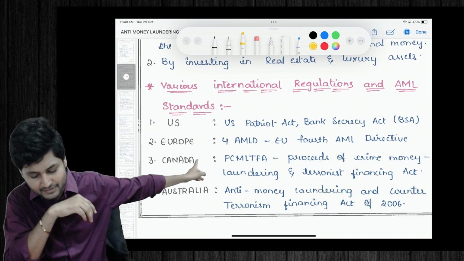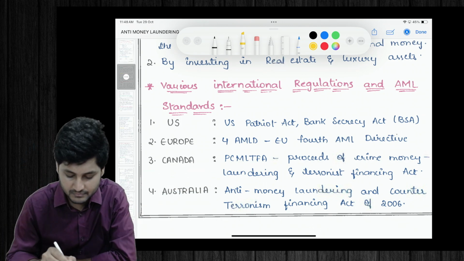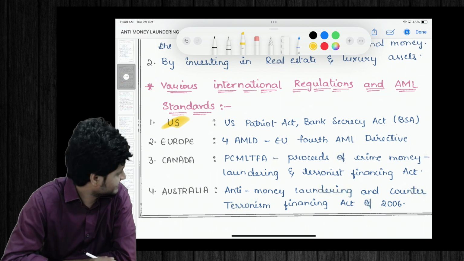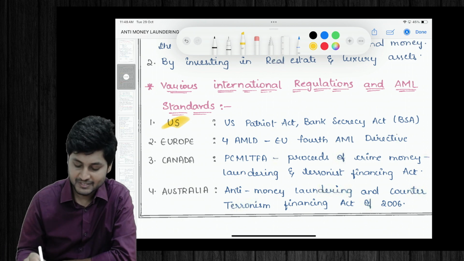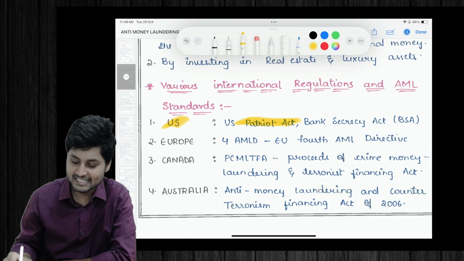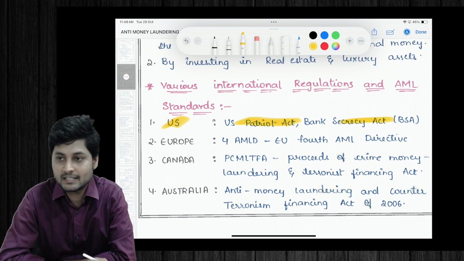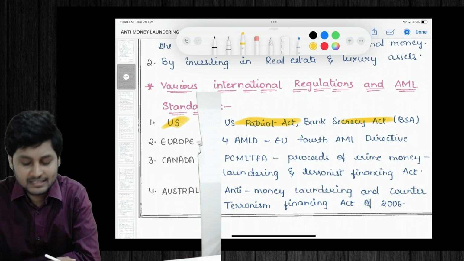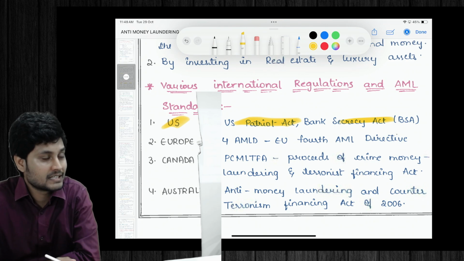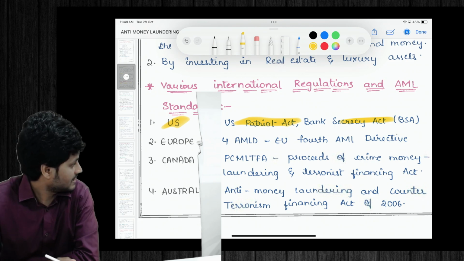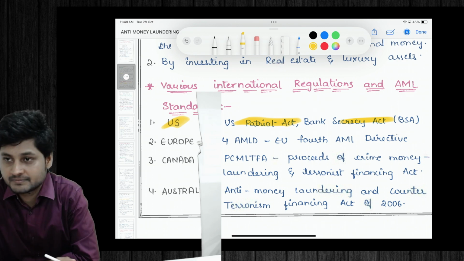So there is a list which is given. United States law: the US Patriot Act, Bank Secrecy Act. These are the acts which try to eliminate money laundering. These are the acts which try to keep anti-money laundering measures, right?